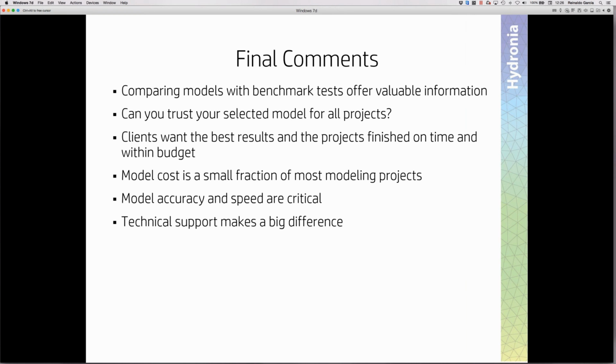Now, you may have a free model. Maybe you're very happy because you don't pay anything for software. Oh, I'm very, very happy. But then in the middle of a project, you find a bug, one of these bugs in your model.